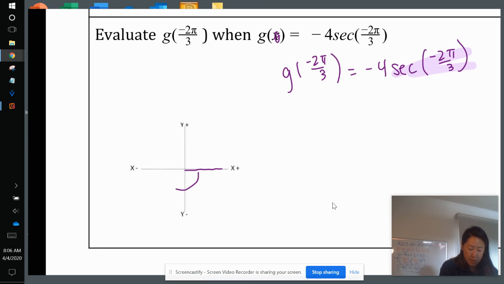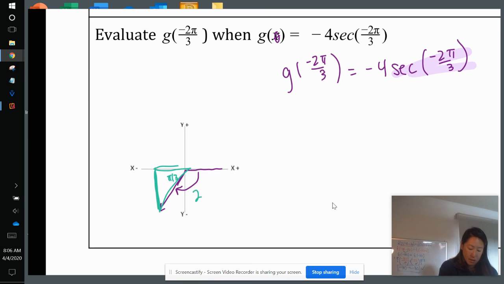This time I'm opening in the clockwise direction, and it is in the third quadrant because I'm spinning 2 of the 3 pieces or wedges. I have a reference triangle here. I connect back to the x-axis, so my reference triangle is pi over 3.